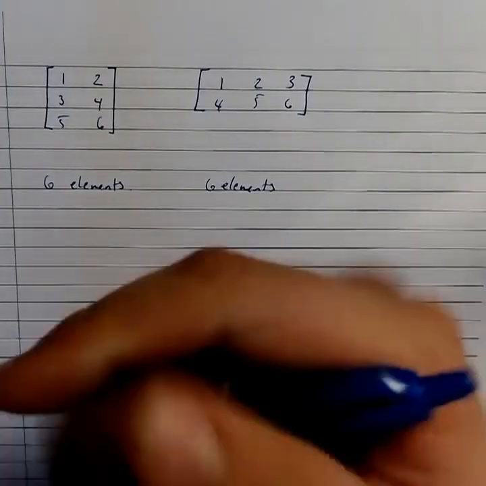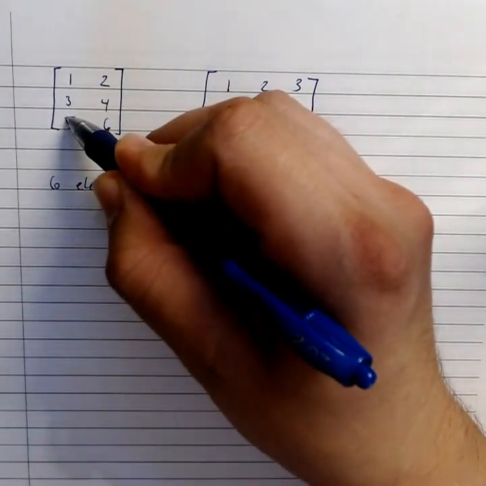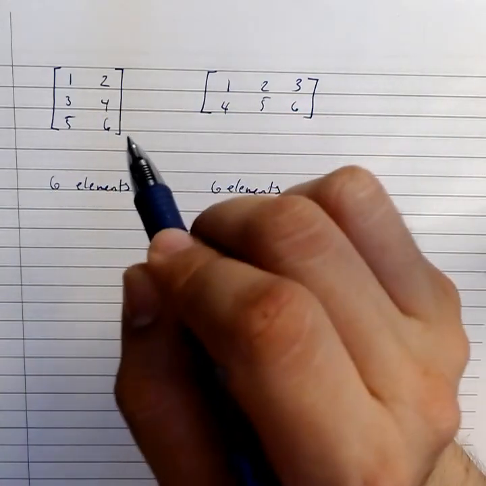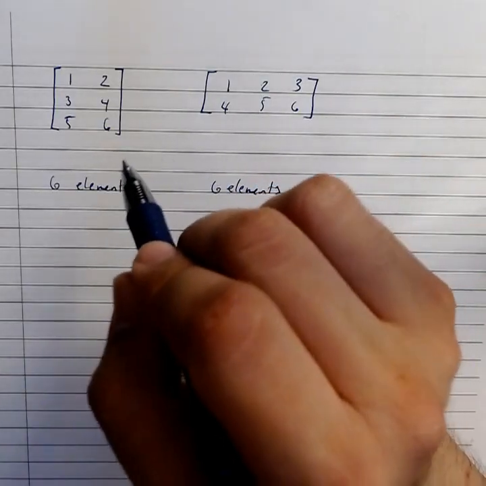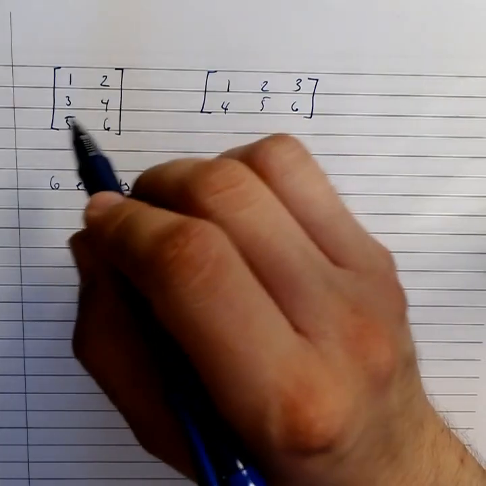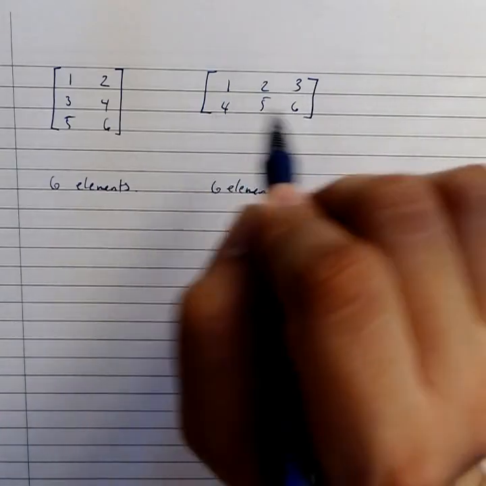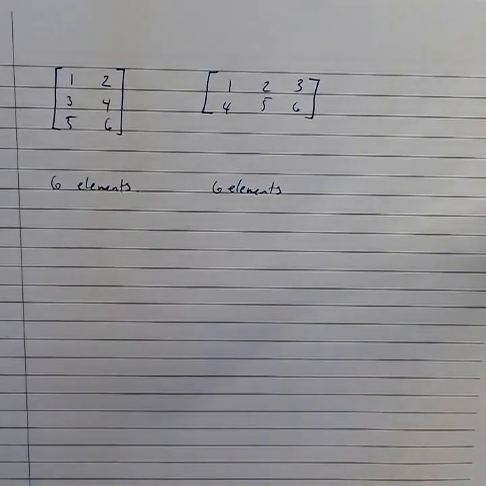So here, what we're going to do is we're going to talk about a matrix depending on the number of rows and columns. Even if they have all the same elements, they're still not the same. And what sets these apart is this one has 3 rows and 2 columns, whereas this has 2 rows and 3 columns. This is called the order of a matrix.